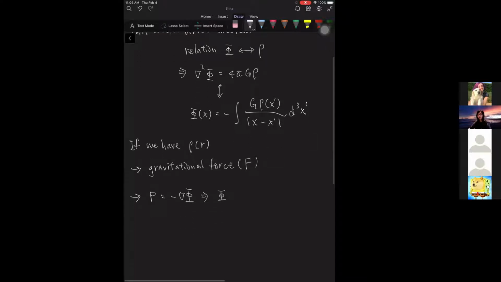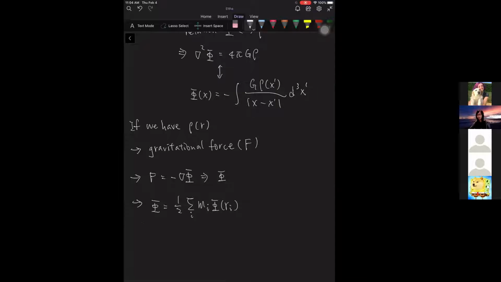And with the potential, we can further derive the potential energy. For a system of particles, it would be 1/2 the sum of the masses and their gravitational potential at r_i.